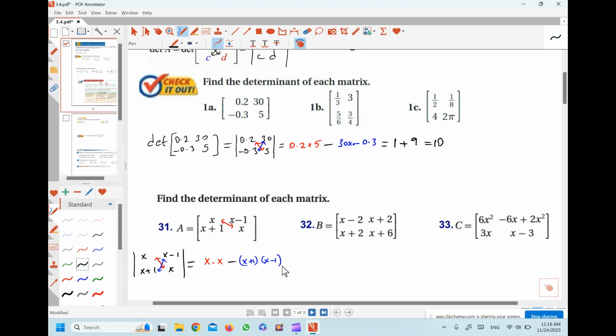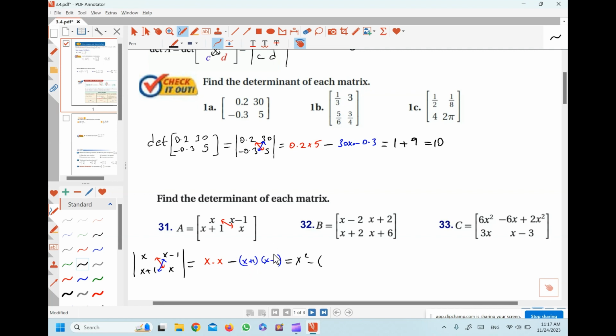Now this is also easy, but you should be careful about the signs and the distribution. x times x is x squared minus, open bracket. Maybe there is a long expression, maybe short, we don't know. So not to confuse, it's better to put the expression on the right in the bracket.